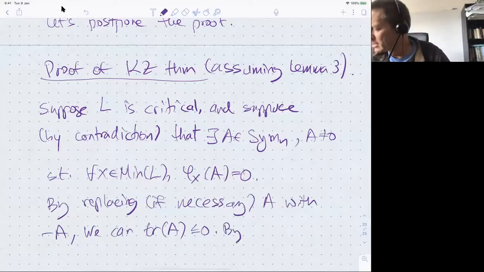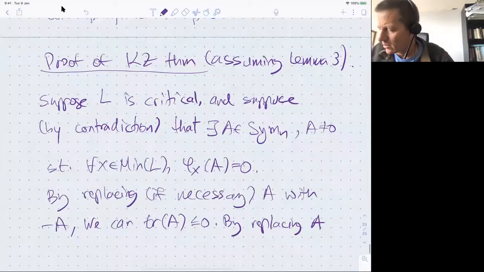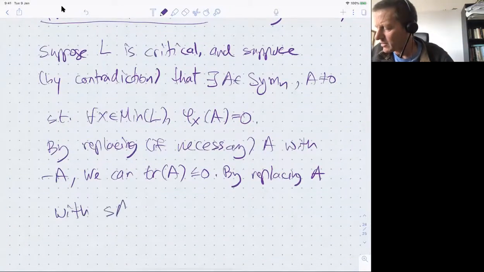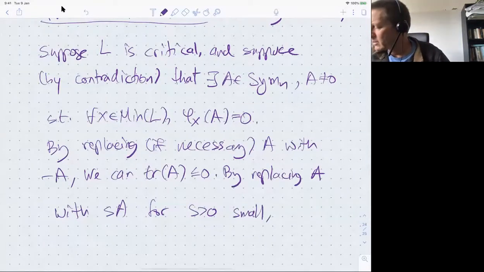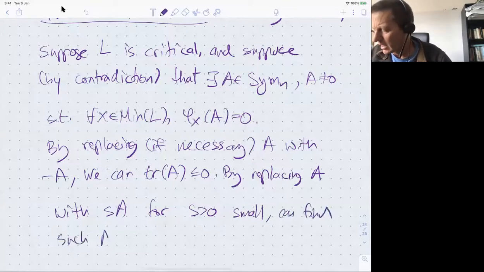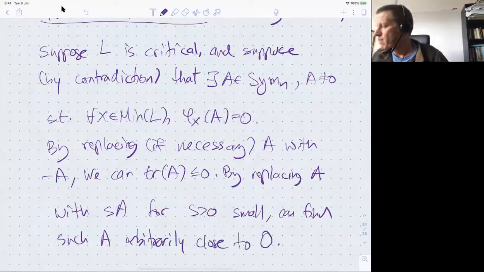And by replacing A with s times A for some small positive parameter s, we can find such A arbitrarily close to zero.